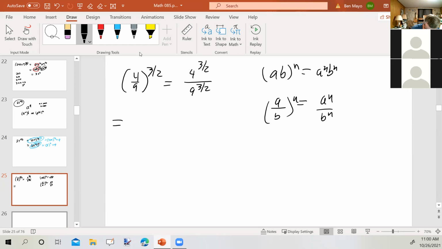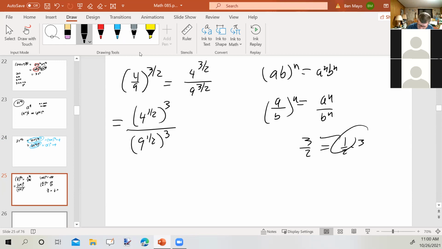So as I just mentioned in the previous example, I could take the root and then the power. So I'm taking 3/2 and writing it as 1/2 times 3, pulling it apart. Usually we're going the other direction, but I can pull it apart this way.